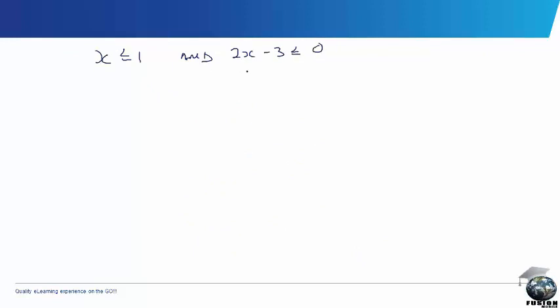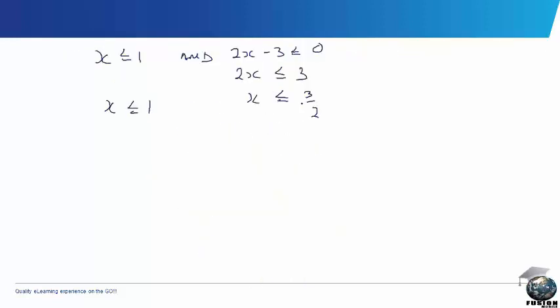From this side we add 3 to both sides, and then we have 2x is less than or equal to 3, and then we have that x itself is less than or equal to 3/2. So we have x is less than or equal to -1, and then x is less than or equal to 3/2, as 2 points.